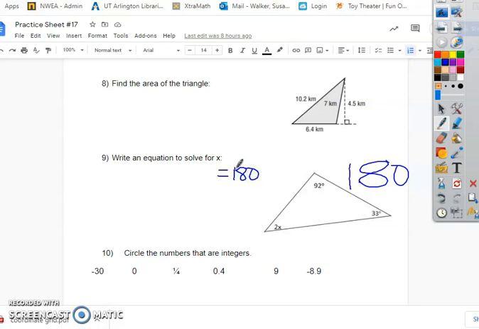Okay? So remember, you're going to put all your angles. I have 2x plus 33 plus 92. I'm adding all of these. So your job is to find it. Here's your equation. Okay, and then solve for x.